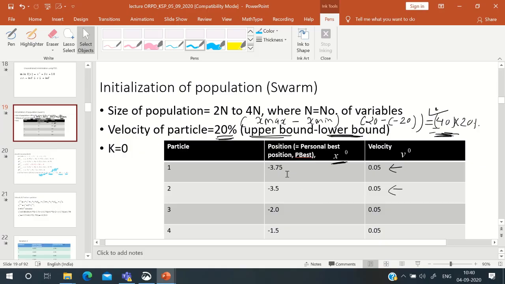In the 0th iteration, position is equal to personal best, because still we don't have any two values using which we can carry out the comparison, right? So the personal best position, it means the x value of the first particle is this, p best is minus 3.75. In the subsequent iterations it will get changed.